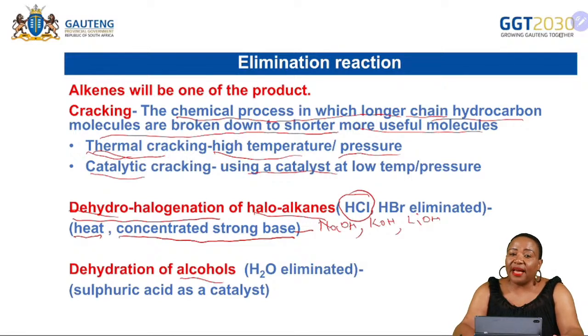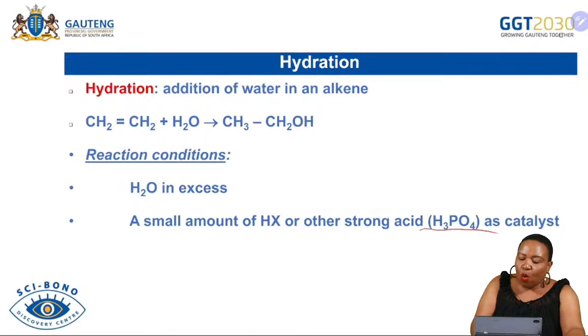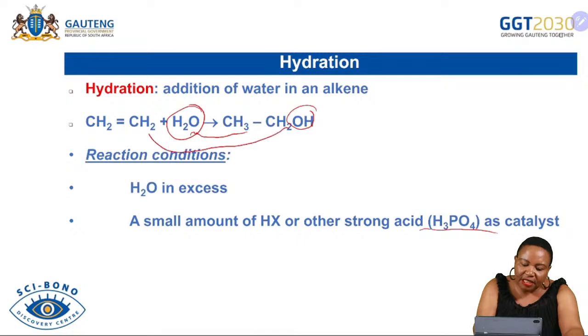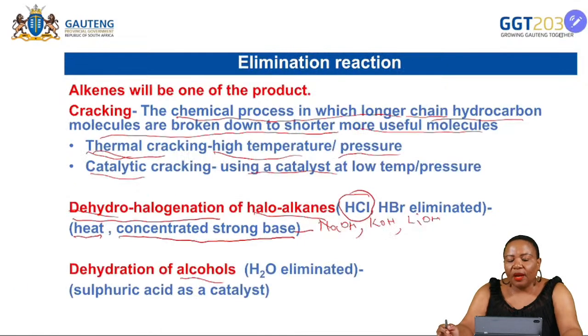And then the next one, we are also going to look at dehydration of alcohols. We remember that in our previous slide, we said alcohols are formed after adding water to an alkene. So if we remove water from this alcohol, it means this alcohol will go back to an alkene. Remember, we started by saying that always when an alkene is formed, that type of reaction is elimination.